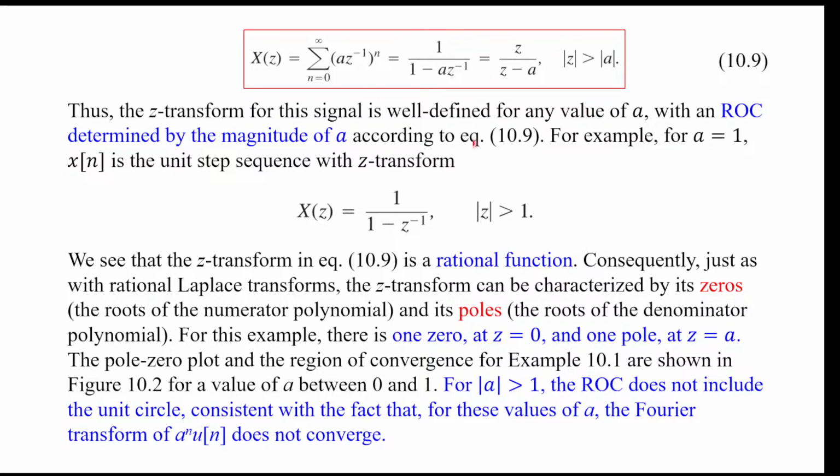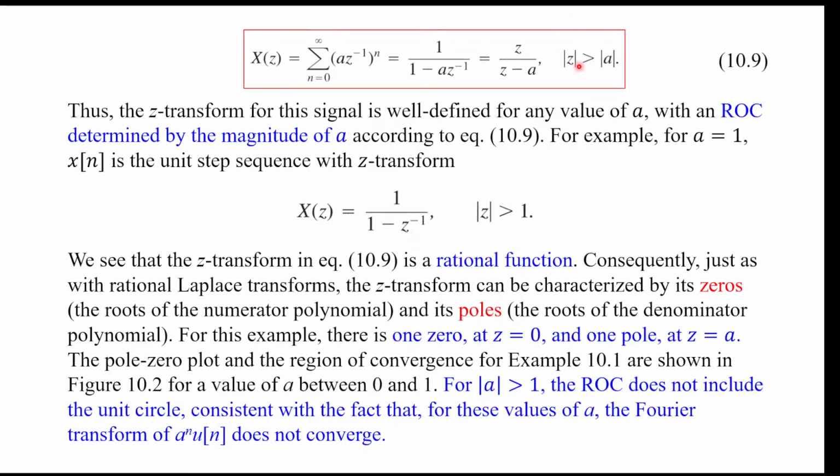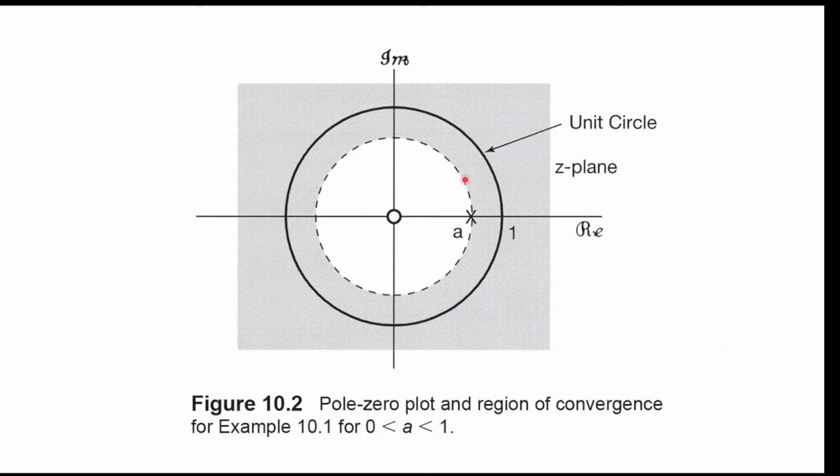For now, we have this z transform, and we can plot the ROC like this. So we have a pole at a, and the ROC will be those z with absolute value greater than the absolute value of a. So we have a circle with radius being the absolute value of a here, and the ROC will be all the z outside of it.